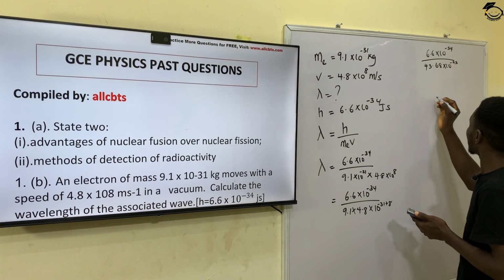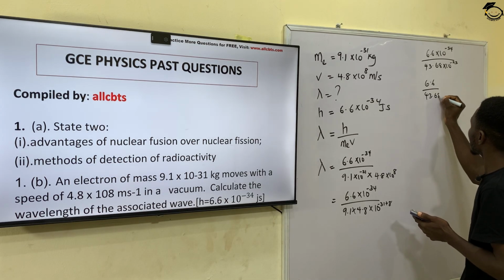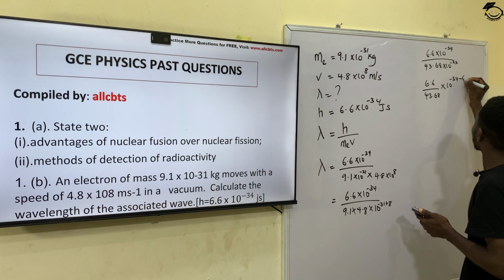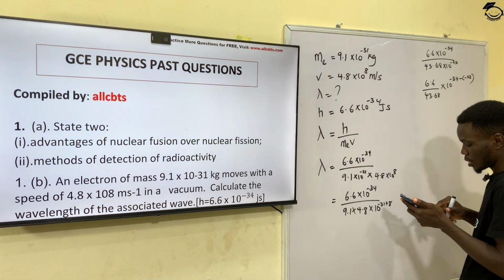So this is the same thing as 6.6 divided by 43.68 times 10 raised to the power minus 34 minus minus 23.